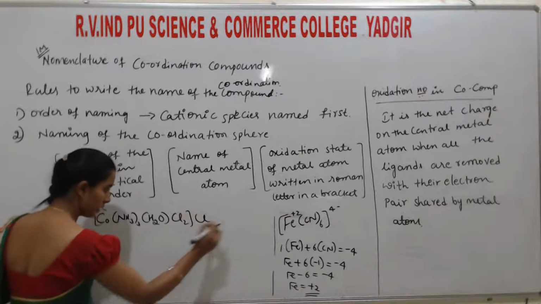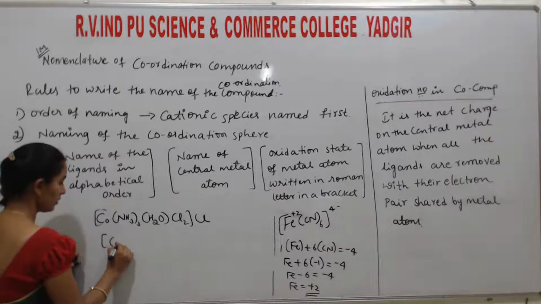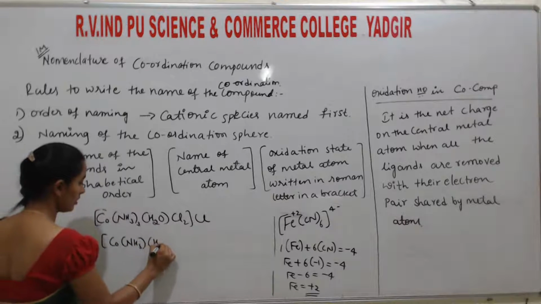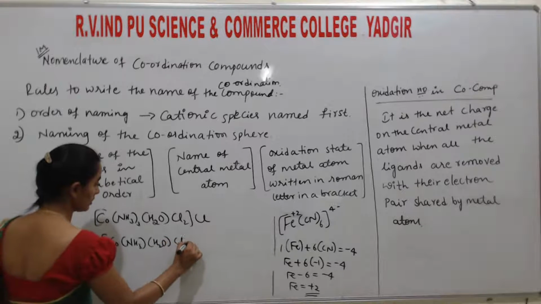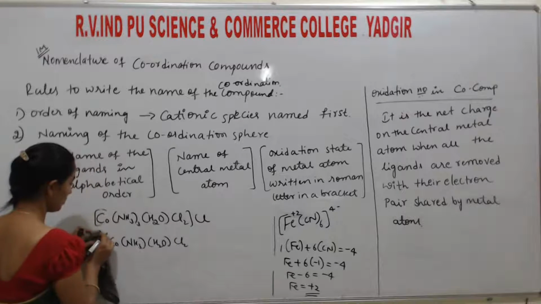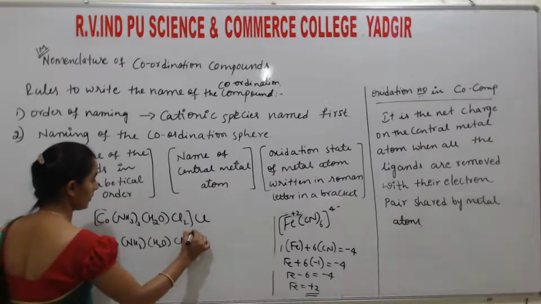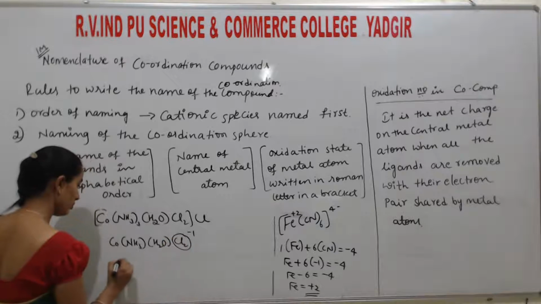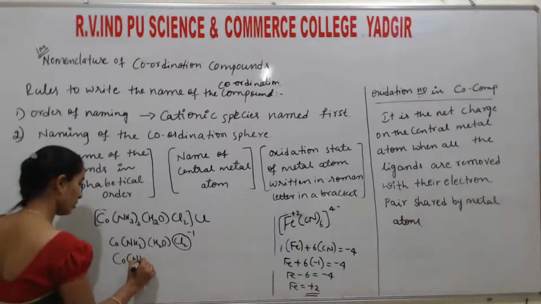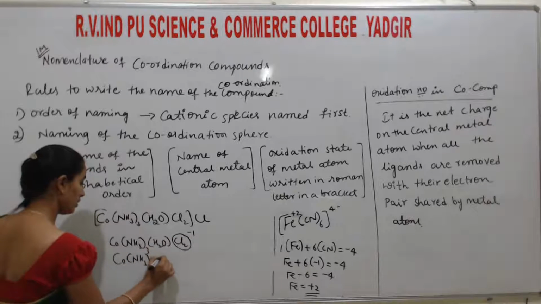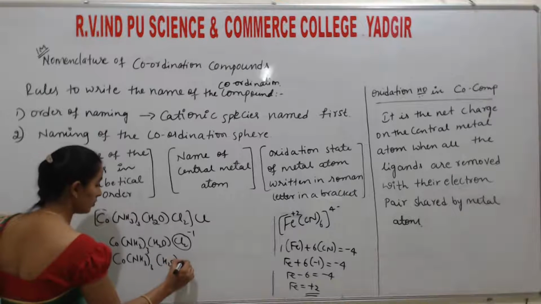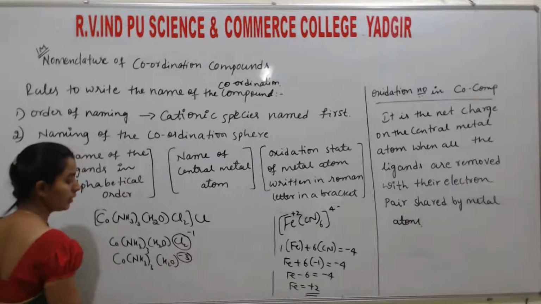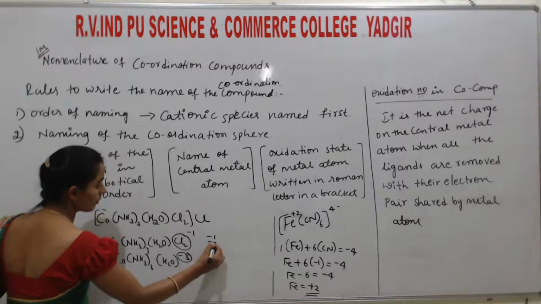First remove the Cl, students, then you will get [Co(NH3)3(H2O)Cl]+, a 1 charge. Correct? Then remove these two, that is Co(NH3)3(H2O) with a 3 charge, because one Cl is already removed and again 2 are left.